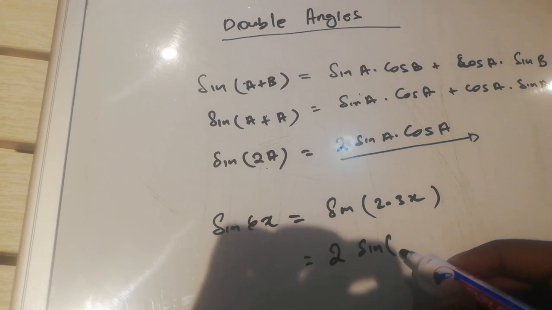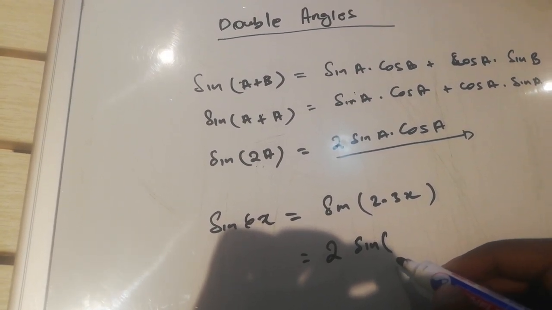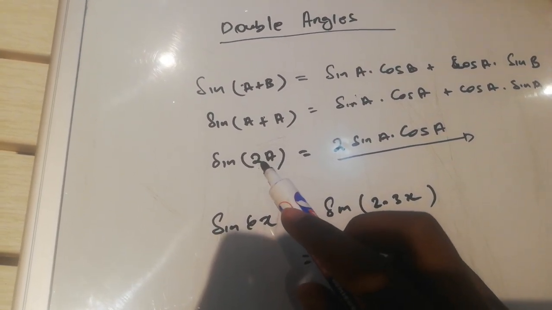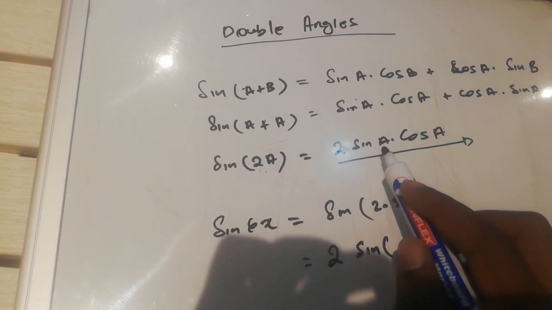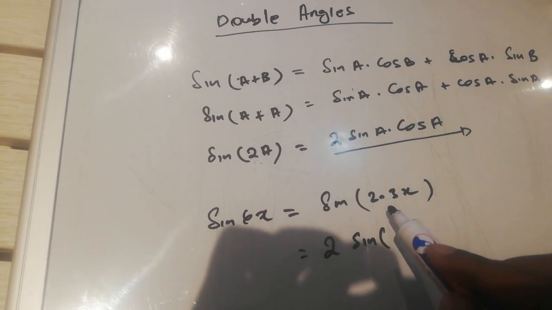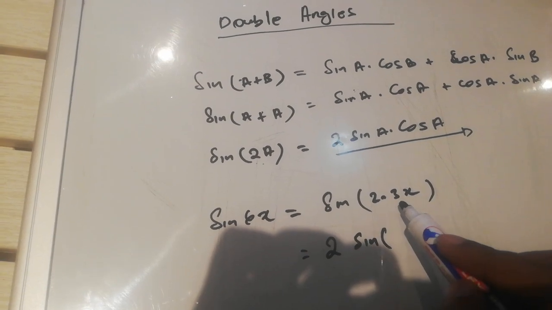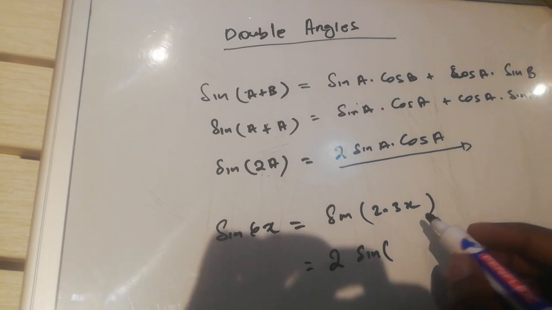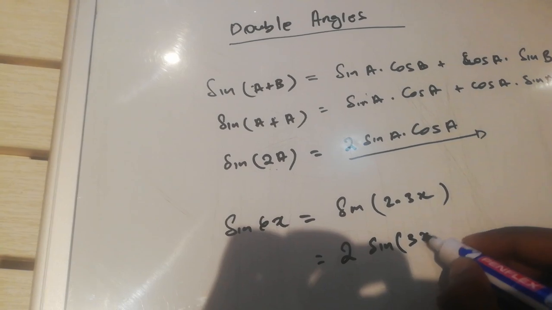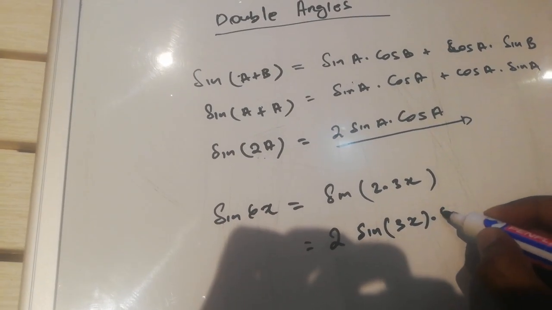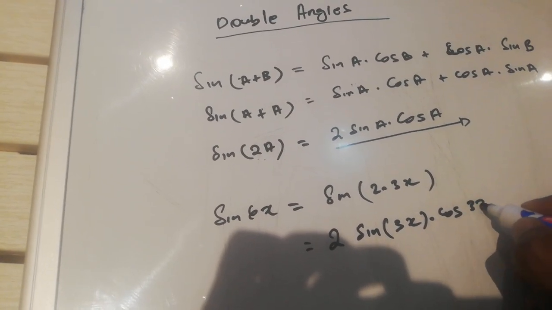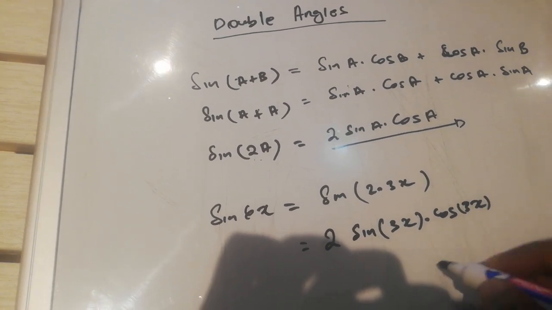Now what is our angle going to be? Remember here we said 2A, our angle will be A. Here we have taken the 2 outside, meaning our angle will be 3x, times cos 3x.